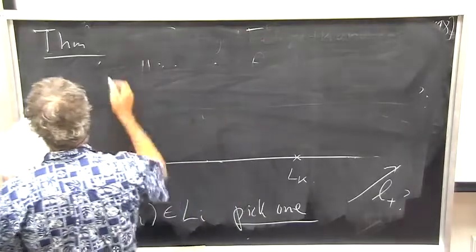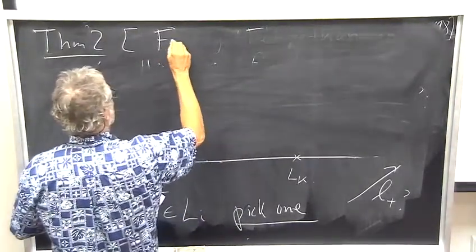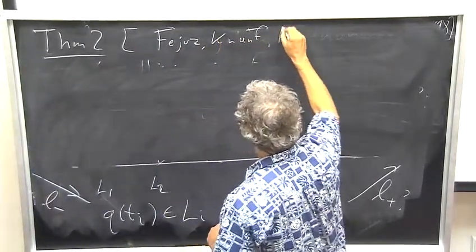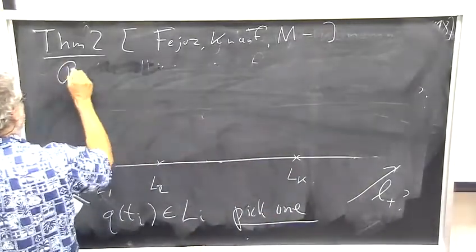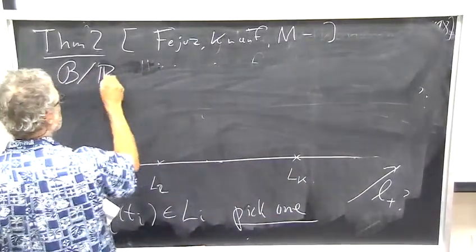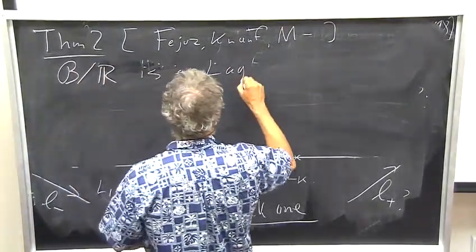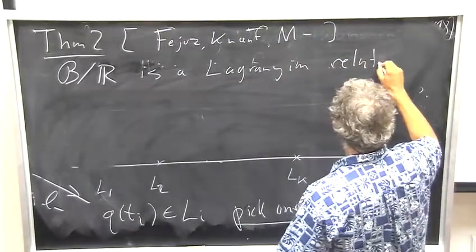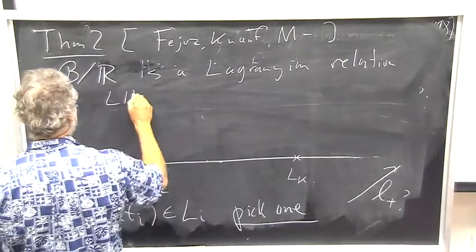So theorem 2, and this is by this group of us. B mod, the time translation is a Lagrangian relation on lines.